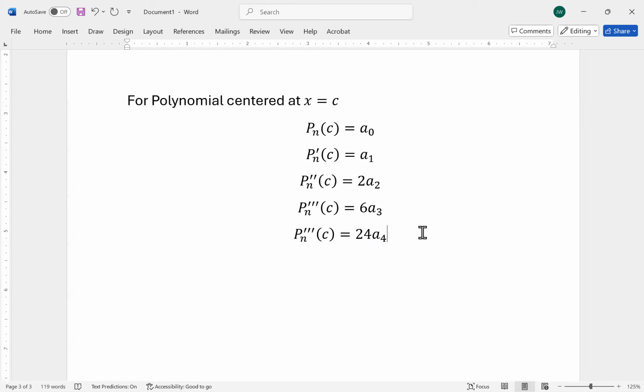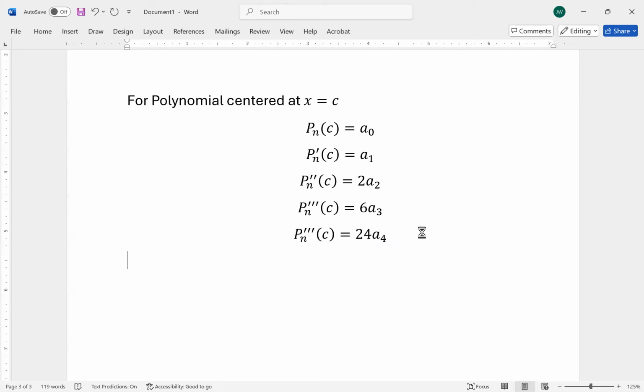taking the derivative of x to the fourth, we'd multiply the coefficient by 4. Then the derivative, we'd multiply the coefficient by 3, then by 2, then by 1. So that 24 is actually 4 times 3 times 2 times 1.